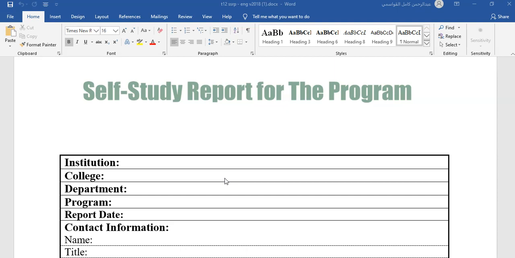Before filling this report, I think you prepared everything and you have a committee that helped you in gathering all the information that you need to fill this report.